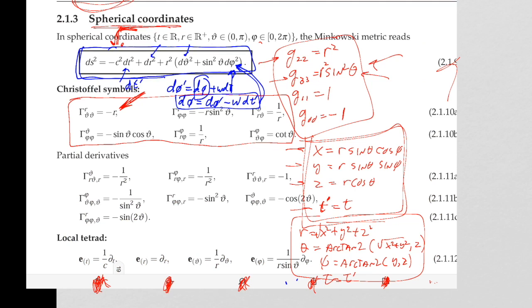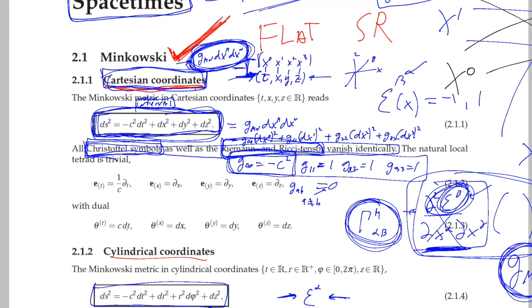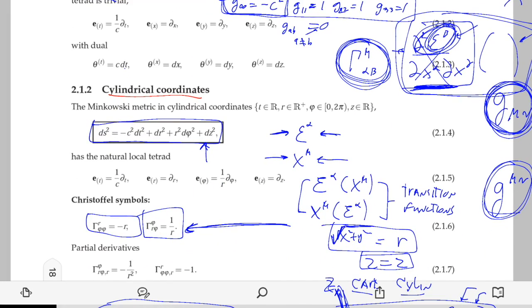And when I went back here to spherical, I should have gone all the way back to cylindrical coordinates. So we're just going to substitute right into there: d phi equals d phi prime minus omega dt prime, and that gets substituted right in there.